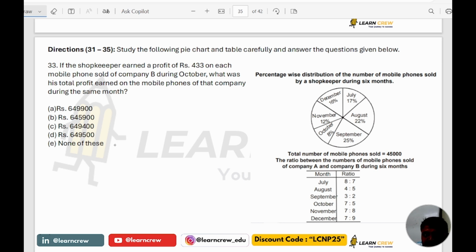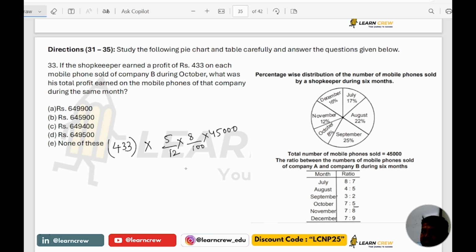For each mobile sold, there is a profit of 433. So total how many mobiles are sold in the month of October by B? It is 5 by 12, which is 8% of 45,000.